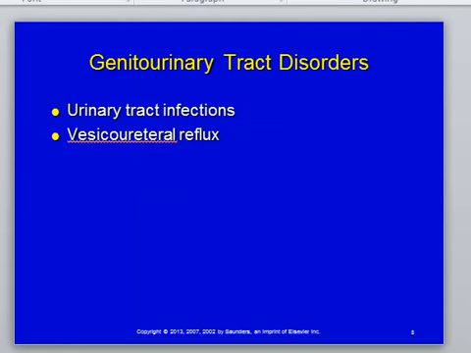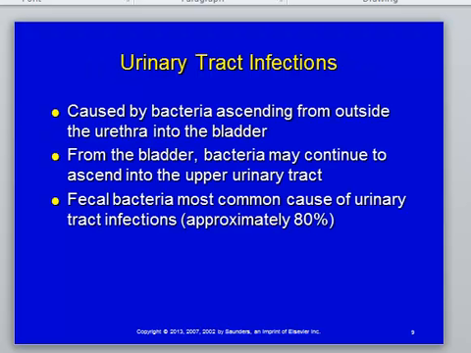Okay, we're going to start talking a little bit about urinary tract infection and vesicoureteral reflux. It's that word I can't hardly say. Anyway, UTIs. As you know, we've talked, hopefully you've listened to the lecture on Chapter 69 in IGI, but it's caused by bacteria that ascends from the outside, the urethra, into the bladder.